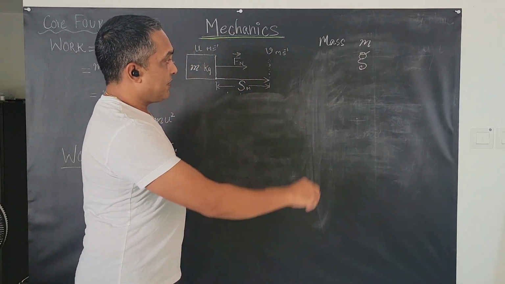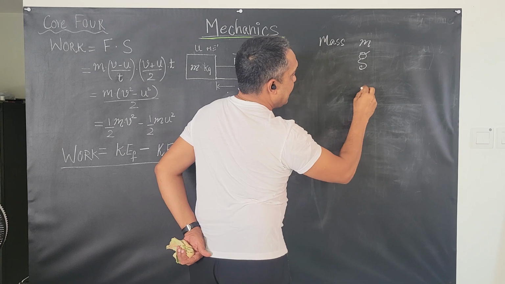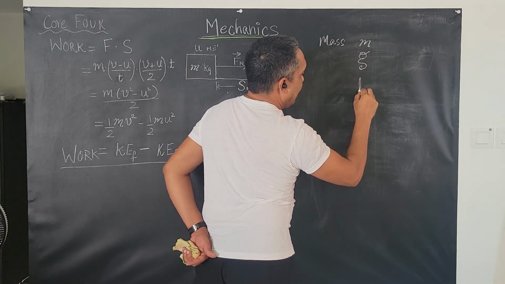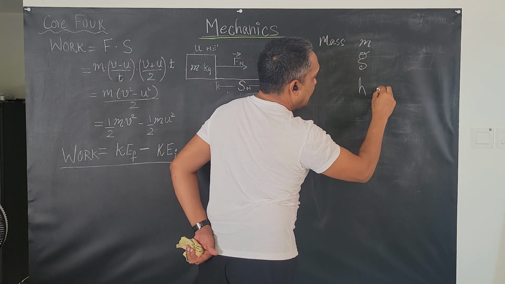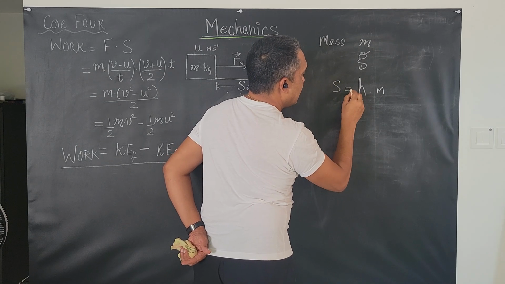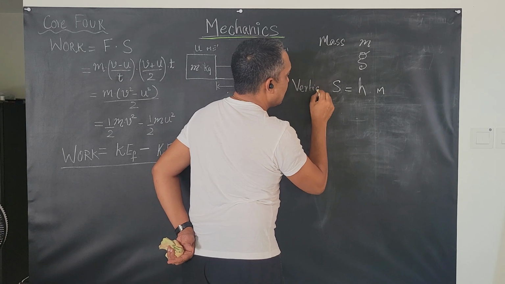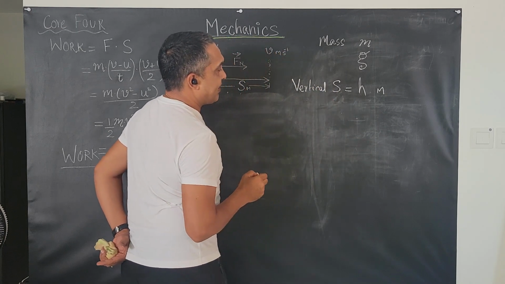The first thing I would do is lift something up by, let's say, a distance of h meters, the vertical displacement.